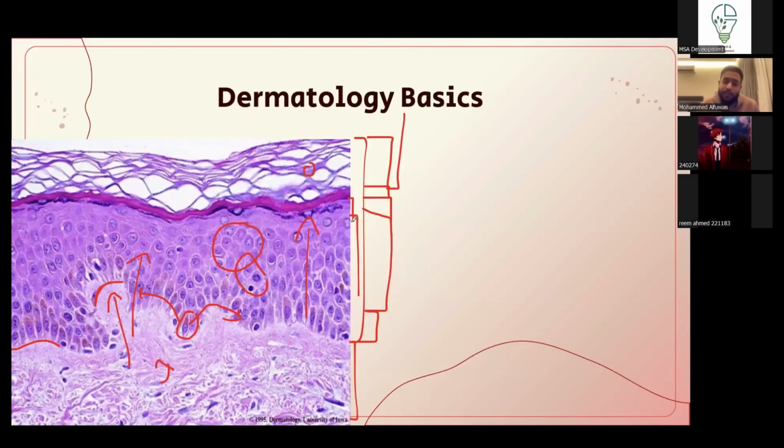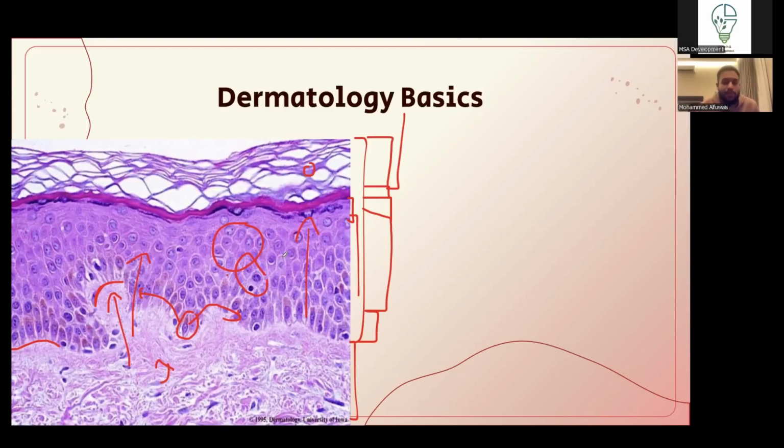Then we have this layer. If it increases in thickness, what do we call this? Which is the stratum granulosum. Hypergranulosis. Good. So these are the main terms in dermatology that you need to remember. Now, another thing is we have three cell lines typically here. I say three because it's just better to differentiate it for you guys. Number one, we have melanocytes.